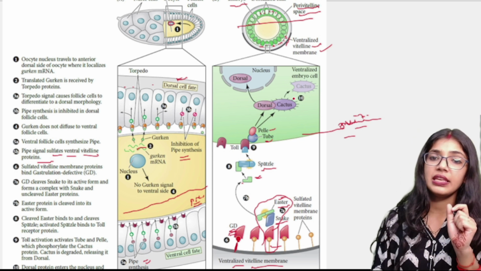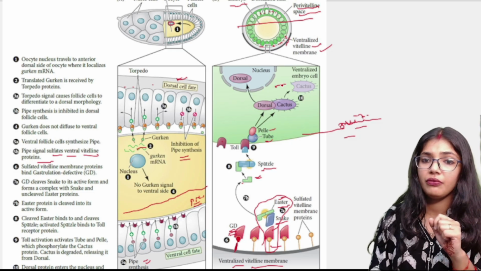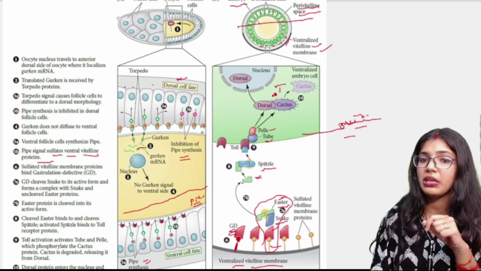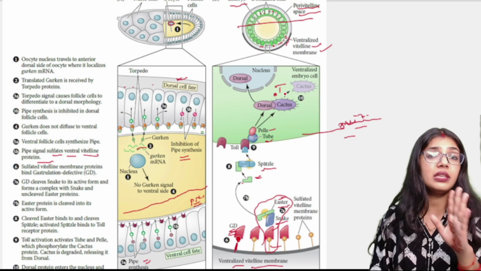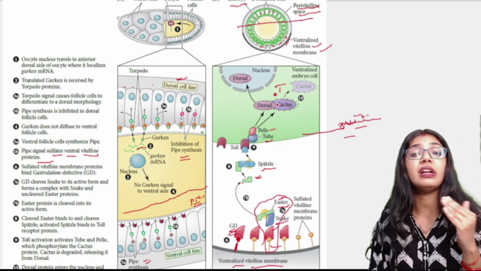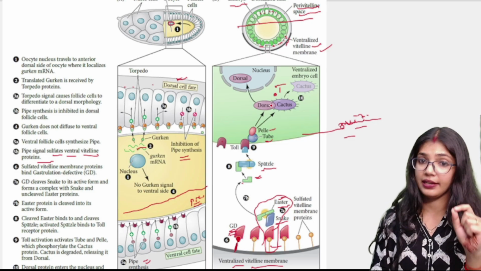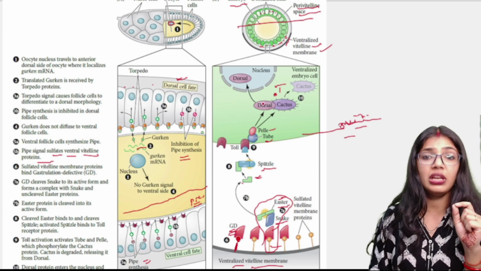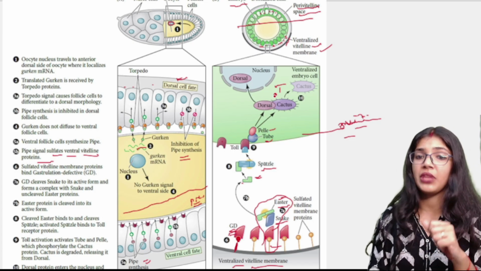Now the next case is on the ventral side. There was mRNA which was known as dorsal mRNA, and after fertilization it was forming the protein, dorsal protein. And this dorsal protein is a protein which will help in the ventralization of the embryo. When this dorsal enters inside the nucleus, it will help in ventralization of the embryo.